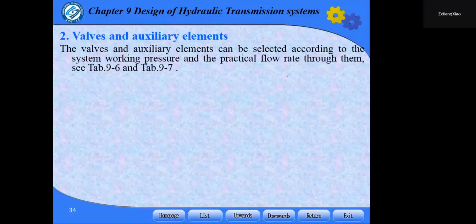The valves and auxiliary elements. The valves and auxiliary elements can be selected according to the work pressure and the practical flow rate.